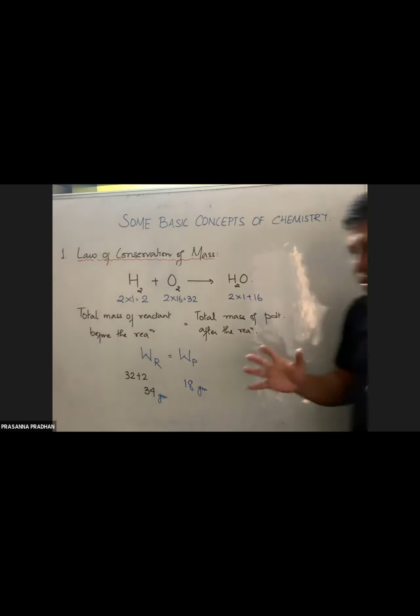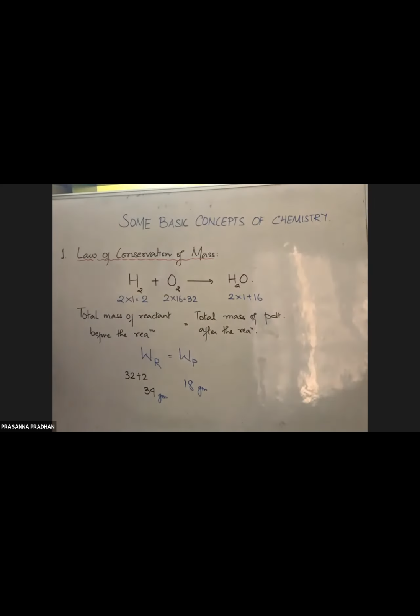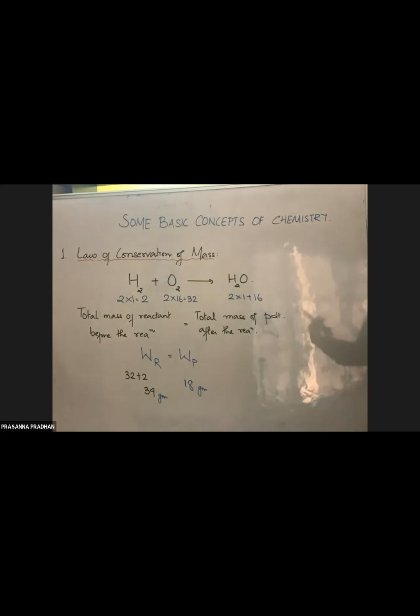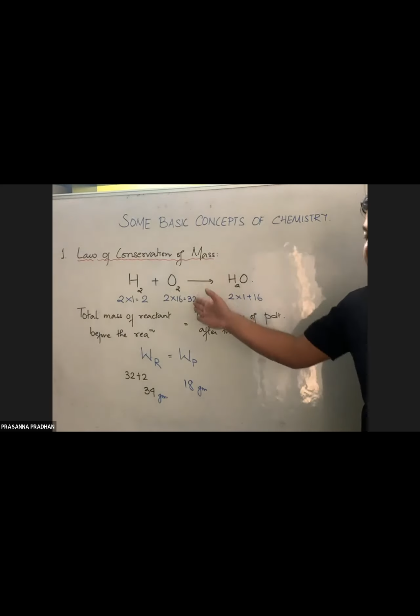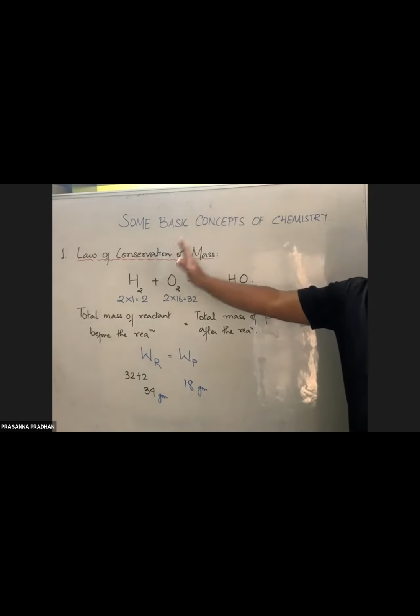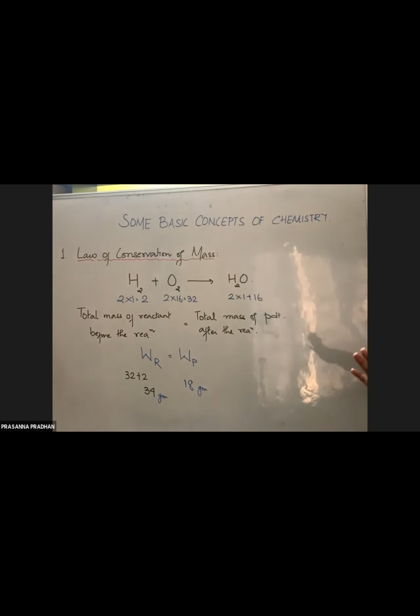So there is a huge loss of mass, which goes against this fundamental law. We have been taught from the beginning that we need to balance. Why do we need to balance? Because if we don't balance, this very fundamental law of science will be disobeyed.